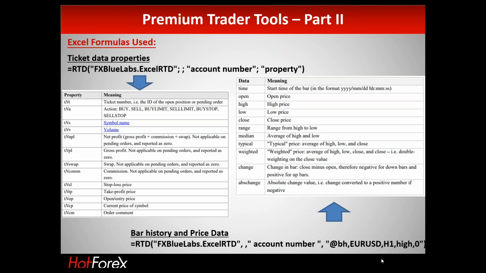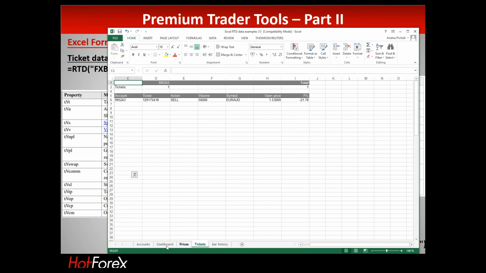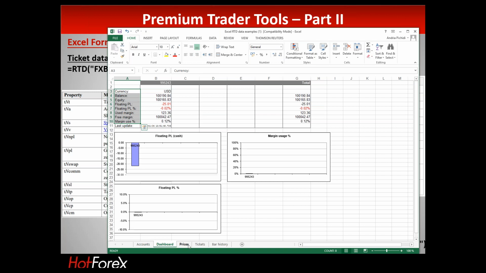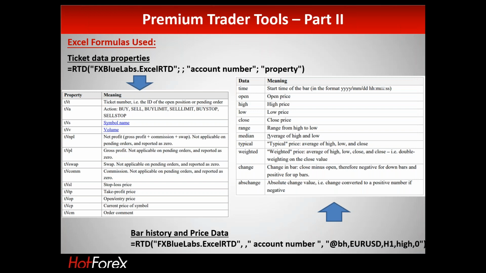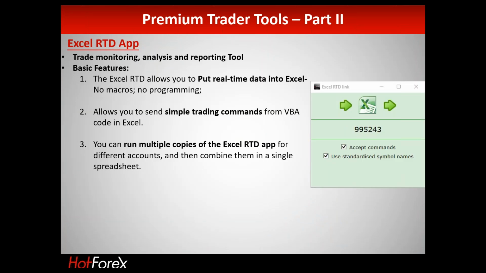So if you build an Excel file like that, without even opening your account, you will see what's going on in your wallet, just by creating something like that. Okay. Also, as I mentioned earlier, you can place commands from Excel, which will actually be sent to your MT4. So simple trading commands from Excel to MT4. How can this be done?